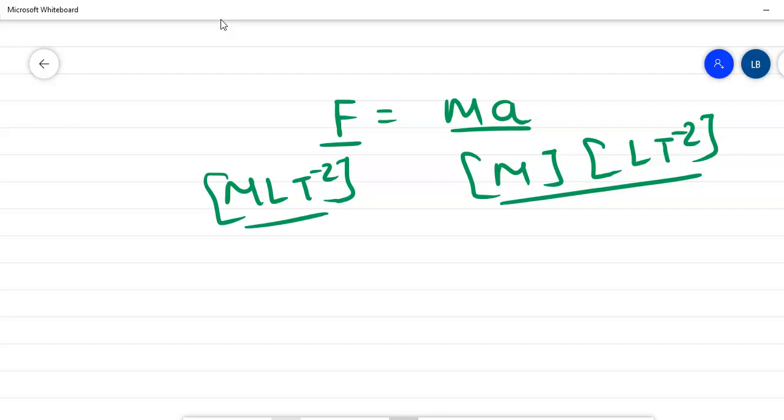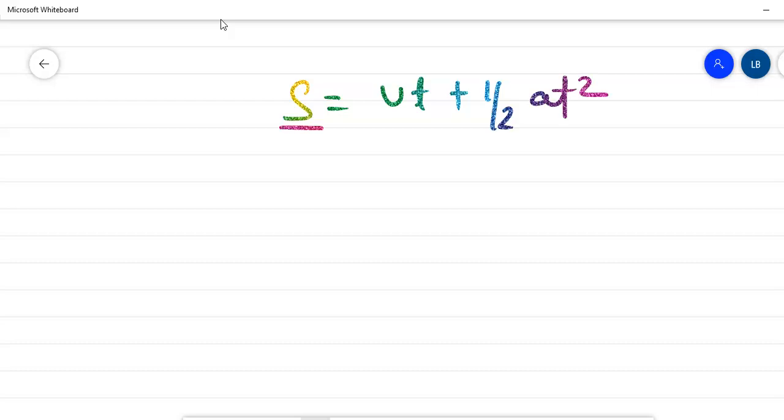Again, I will take another easy example. Suppose I write an equation S equal to ut plus half at square. What is the dimension of S? The dimension of S is only L, because it is length. And what is the right hand side dimension?